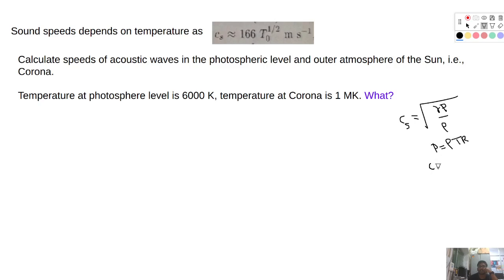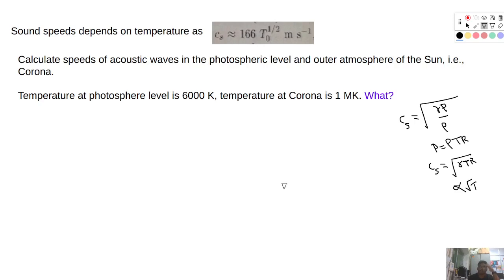So if we write it like this, you will find that you have gamma R T, or gamma kT by m. So using 5 by 3 for gamma and the value of R, you can find out that it will be proportional to root over T.